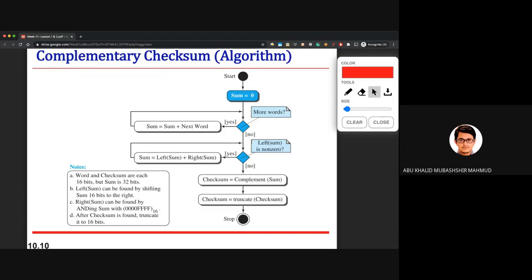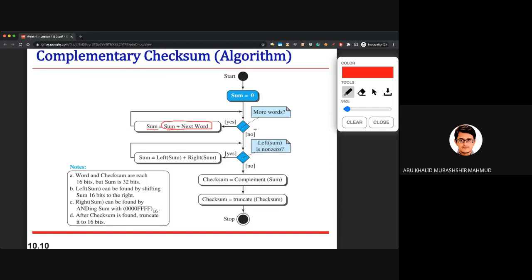The sum at first is 0. If we add one word or more words, we use this sum procedure. It is quite familiar from when we used to sum the elements of an array, like the programs we had written.